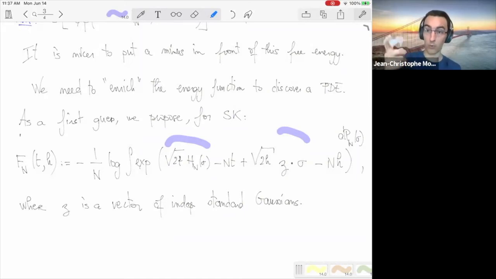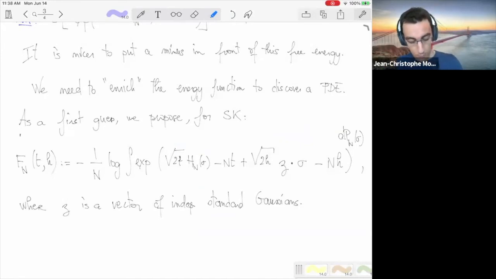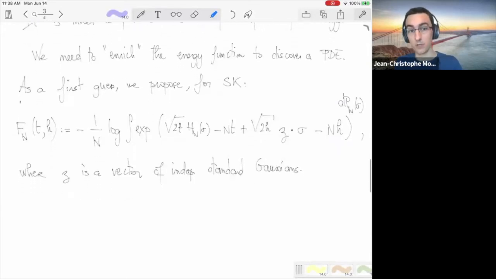Physicists would say two-body interactions: there was this product sigma_i sigma_j, and we're trying a similar thing, but without this two-body term. So a one-body interaction, something which is nicely a sum of things without products. So I think it's a plausible guess. And I'm going to denote by Fn bar the expectation of this quantity.